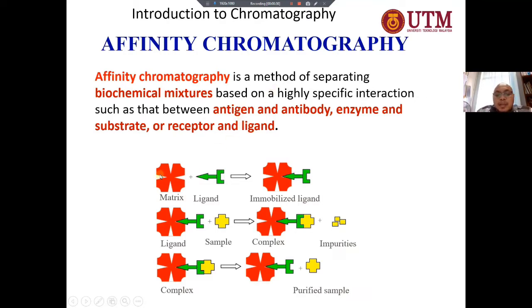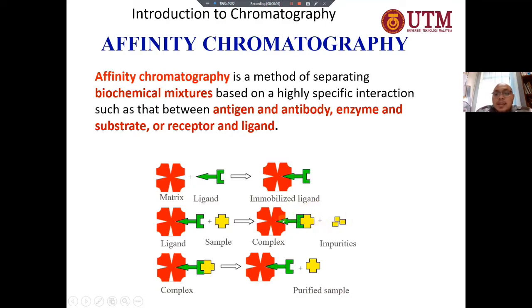Here we have the matrix, we attach the ligand, and then we immobilize the ligand. Then we have the sample attach to our complex, and then we can remove the impurities.